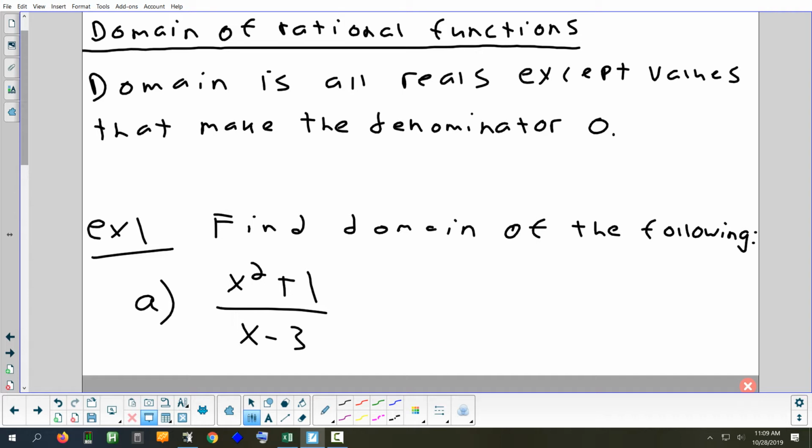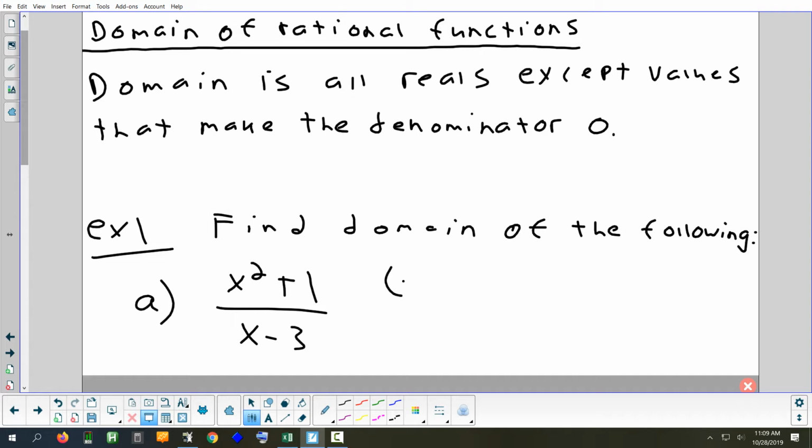So in example 1a, what is the domain? Chris? Everything except 3. So remember the way we want to write it is with that U, the union symbol, and 2 intervals.